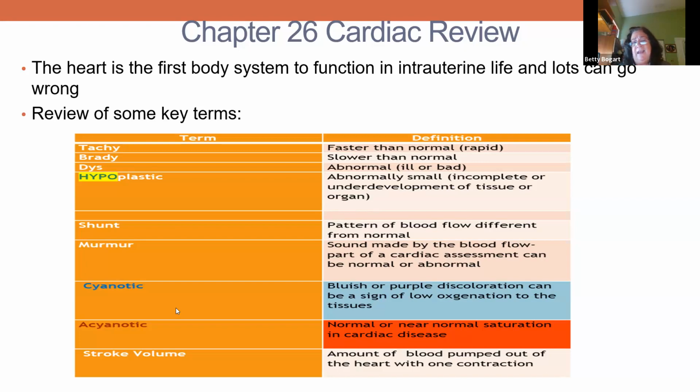But like I said, that hypoplastic heart, where you have a small ventricle and the blood can't go around, that is a cyanotic heart disease. Tetralogy of Fallot, those tet spell things, that is a cyanotic. Those saturations go low. And then stroke volume is just the amount of blood that the heart beats in one contraction, just one stroke volume.